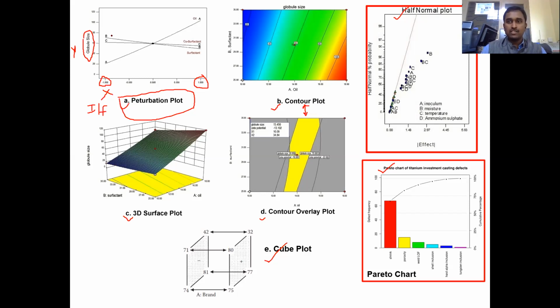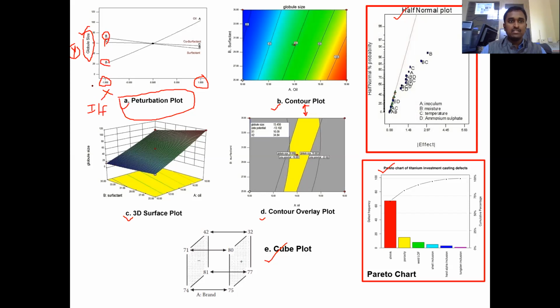The advantage of these graphs is that whatever factors you have taken, like let us say here A, B, and C, three factors, the influence of all these factors on a single response variable can be seen at a time. Try to understand: a single response variable, not all variables at a time. The impact of the factors you have taken to study on a single outcome can be seen at a time.